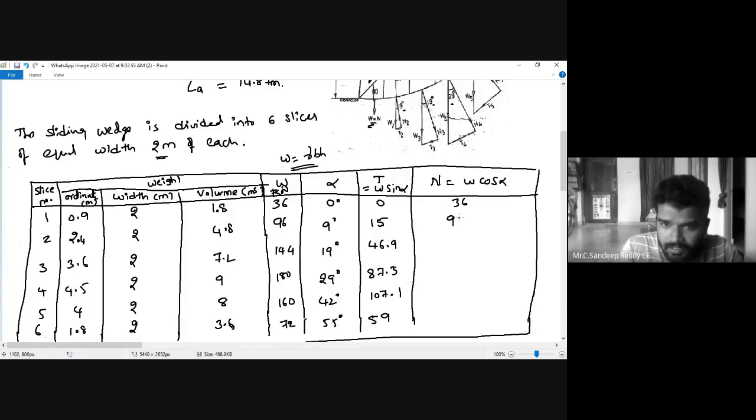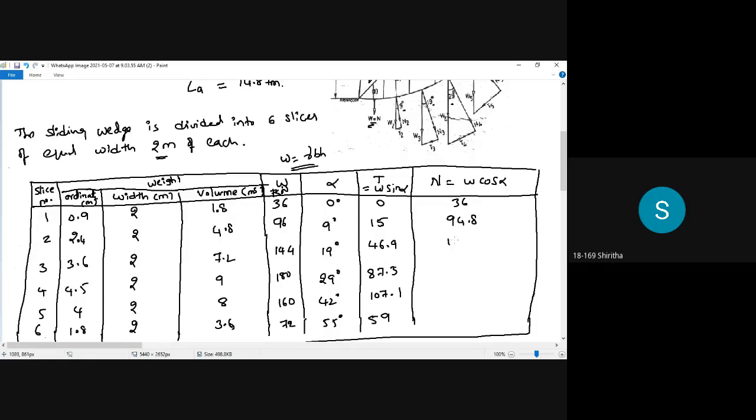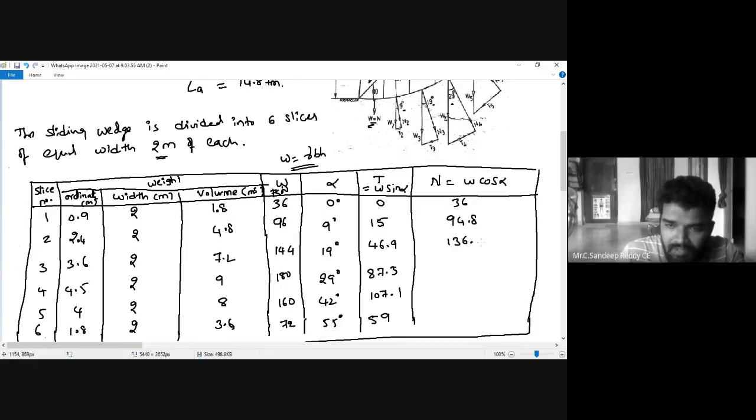So let it be 94.8. Then the third one, 144 cos 19 degrees. 136.15. So let it be 136.2.